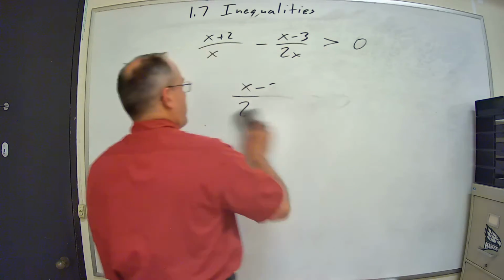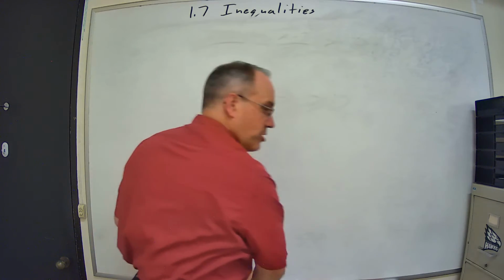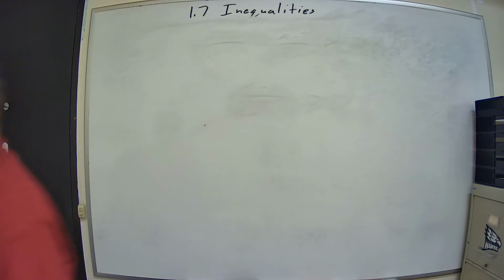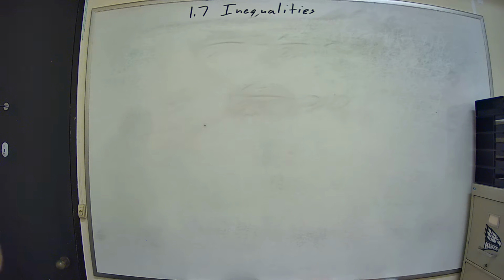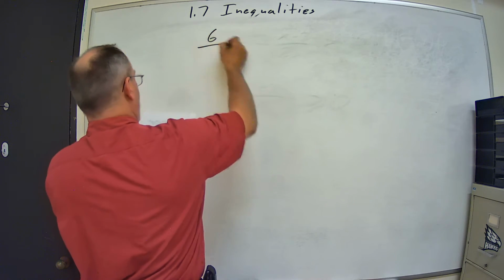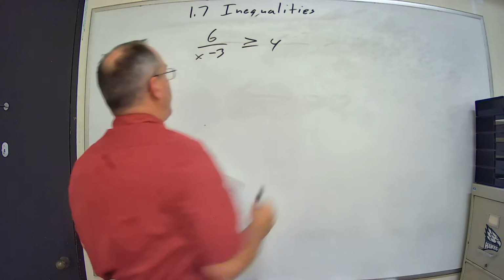So let's do an example, because just like quadratic inequalities, this makes a heck of a lot more sense when you actually start doing it. We're going to start with one that's relatively straightforward: 6 over x minus 3 greater than or equal to 4.